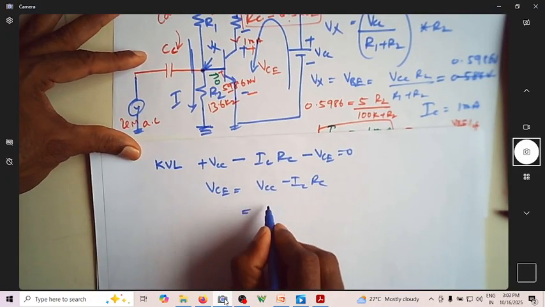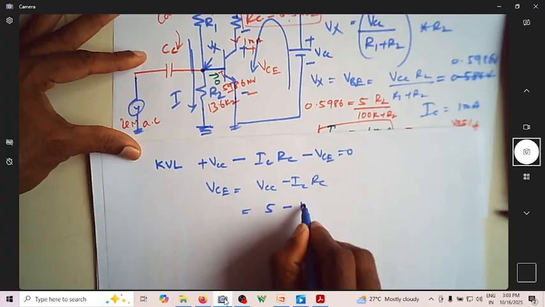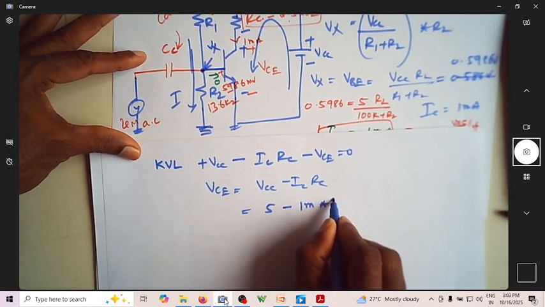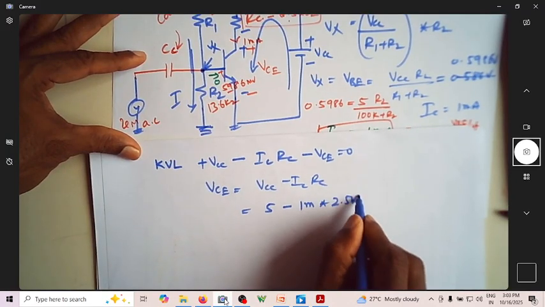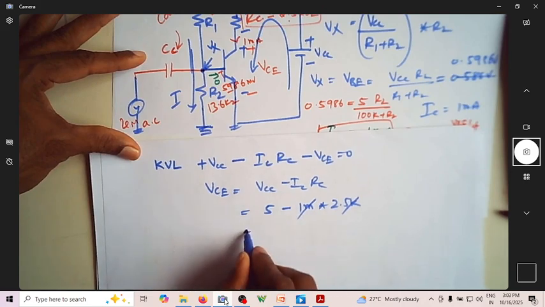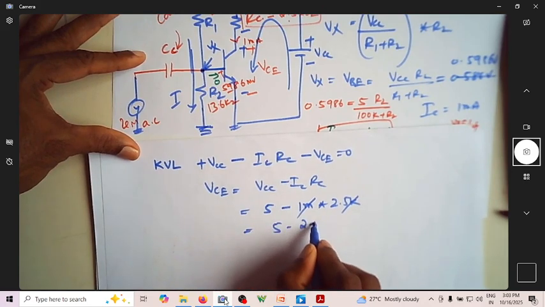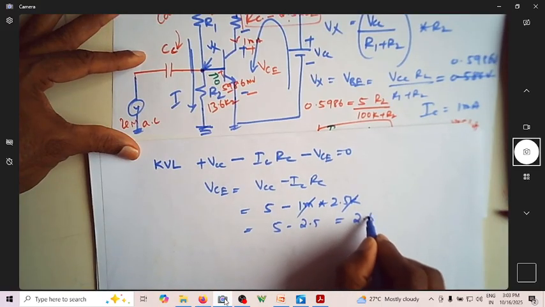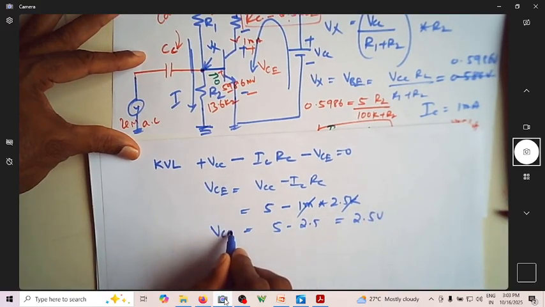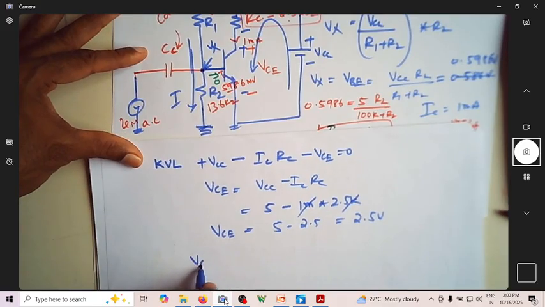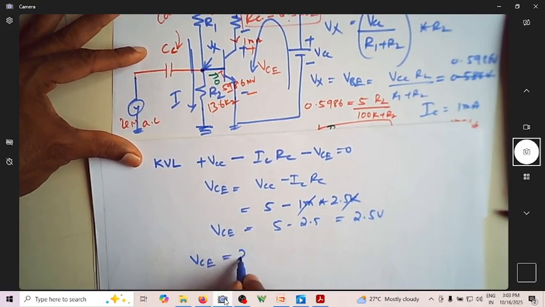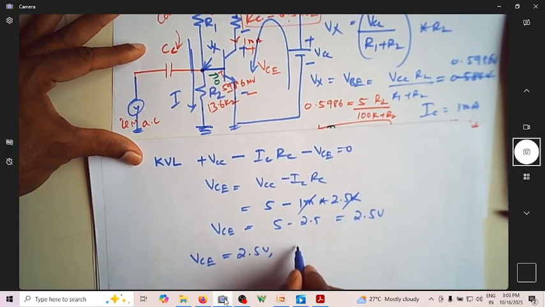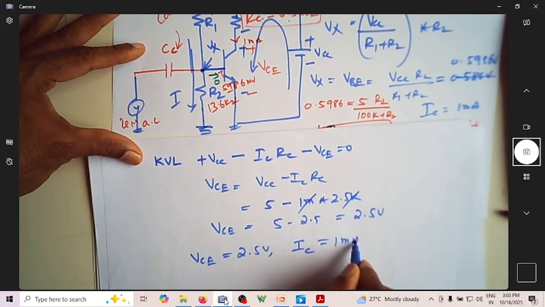VCC is 5 volt minus 1 milli into 2.5 K. The K and milli will go off. So you have 5 minus 2.5, which is nothing but 2.5 volt. So this is VCE. So you have a VCE of 2.5 volt and an IC of 1 milliampere.